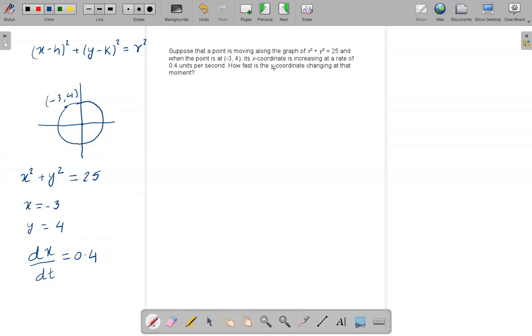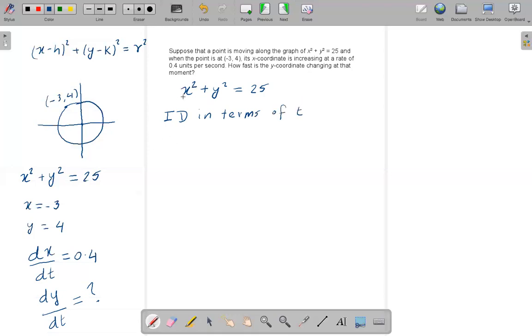So now we need to find the rate of change of y, dy over dt, just like we did on the last problem. Using the same idea, we know the equation, so I can use implicit differentiation of this equation in terms of t.